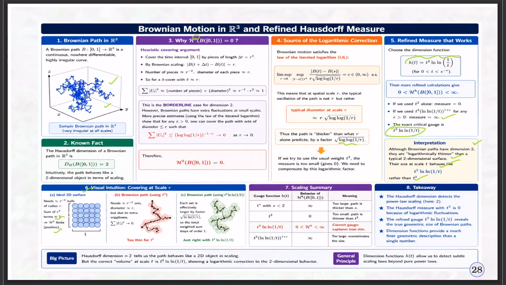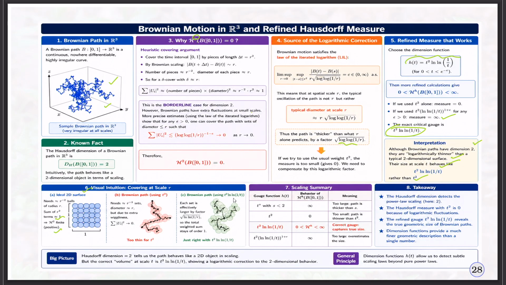In the Brownian path, using t^2 needs 1/r^2 sets of diameter proportional to r, but due to the extra fluctuations, this measure H^2 tends to 0. You can see due to this motion, it is too thin for the t^2 function.